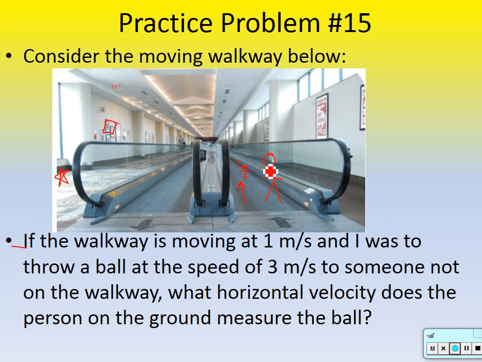You're standing on this walkway that's moving 1 meter per second. Then you throw the ball to somebody over here. Now this person's standing off to the side. Okay? This person's standing next to the wall. If you throw the ball at 3 meters per second, and you're already standing on the walkway that's going 1, how fast is it going to feel like this guy sees that ball moving?